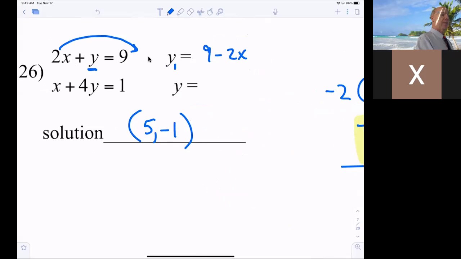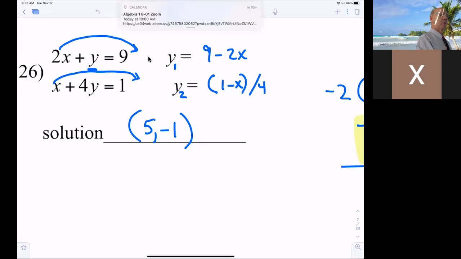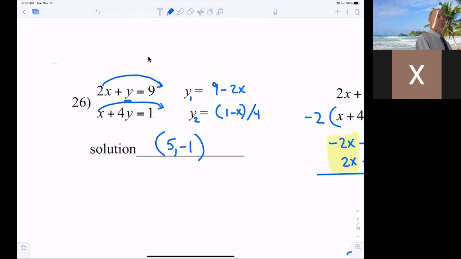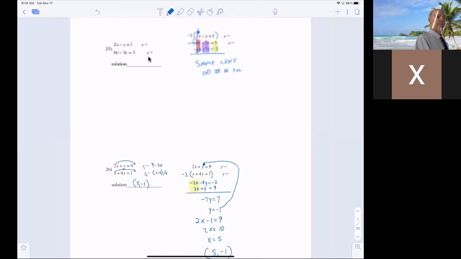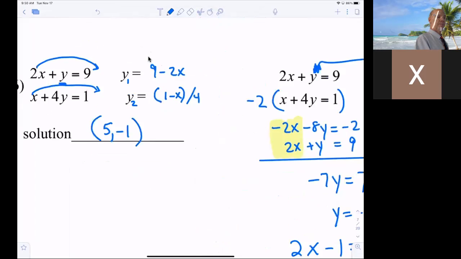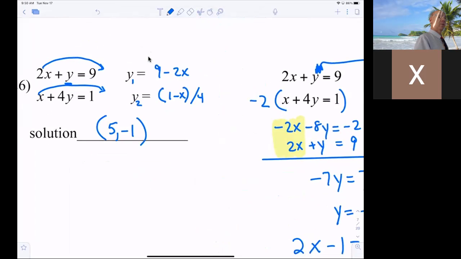Then on the second, y2, what do I need to do? So that's going to be quantity 1 minus x, and then I'm going to divide by 4. So everybody do that, and just double check and see if that works.